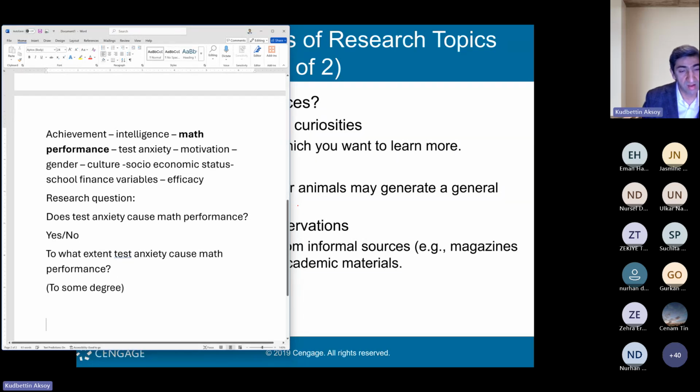Still, this hypothesis is not very good. Why? Because it's too generic. Are you talking about elementary school kids, middle school kids, high school kids, college kids? We have to make it specific.